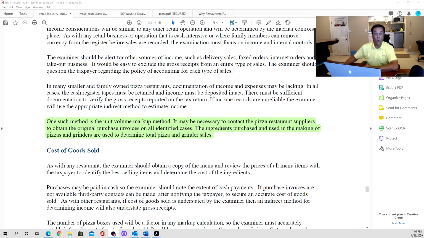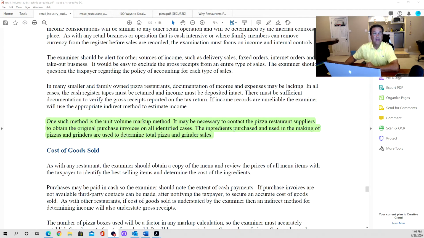And what is also happening is that state taxing agencies and IRS agencies are hiring CPAs like myself as consultants, to explain how income is underreported, and how to go pull invoices, and how you are keeping books. Since we are paid and we know how to do that, there are a few CPAs that go to the IRS and the taxing agencies and explain how this all works, or get hired on.